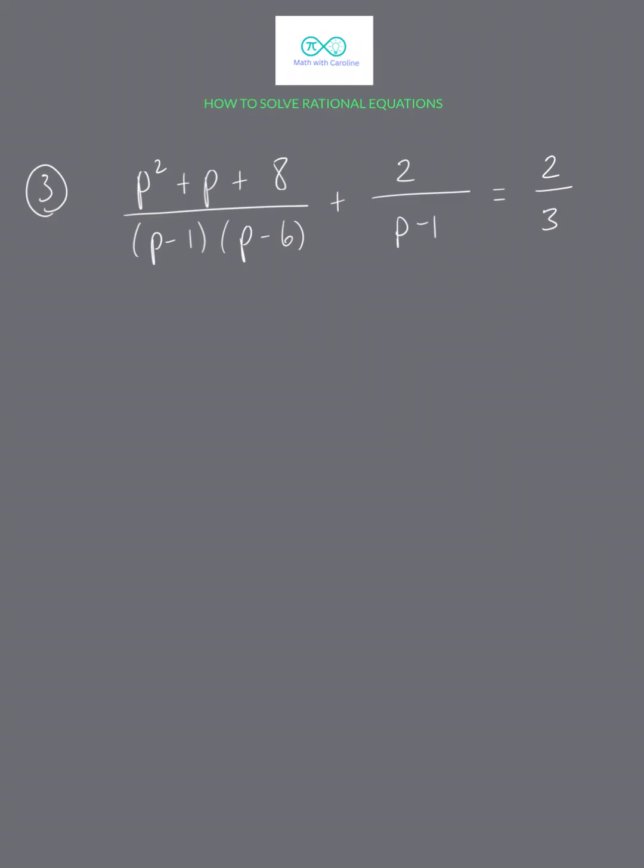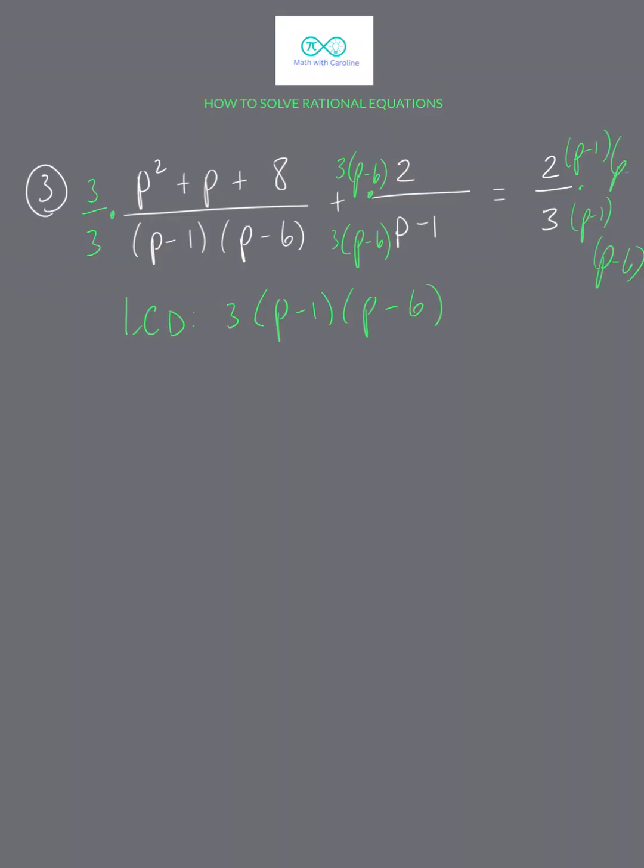So our least common denominator will be 3 times p minus 1 times p minus 6, which means that we're going to have to multiply this fraction by 3 over 3, this fraction by 3 and p minus 6, and this fraction by p minus 1 and p minus 6.